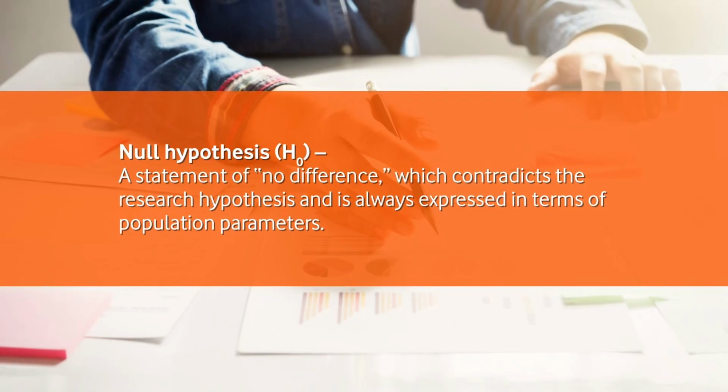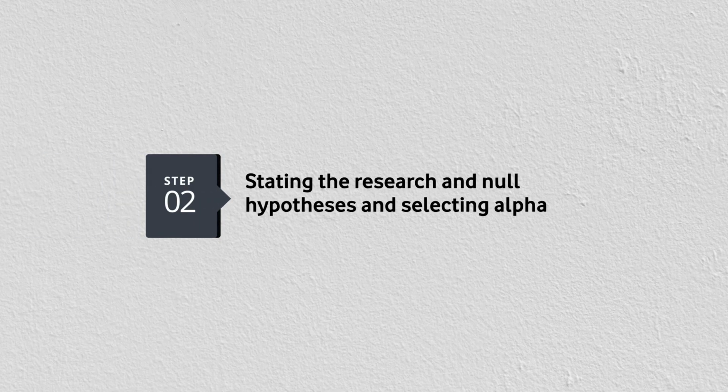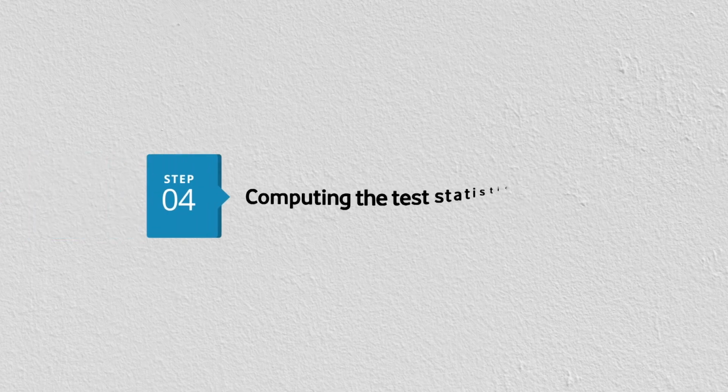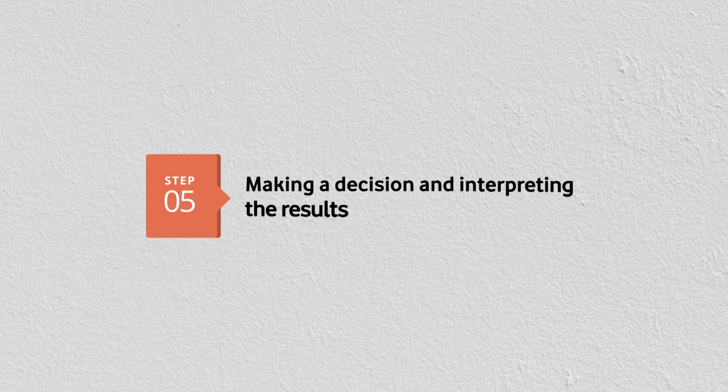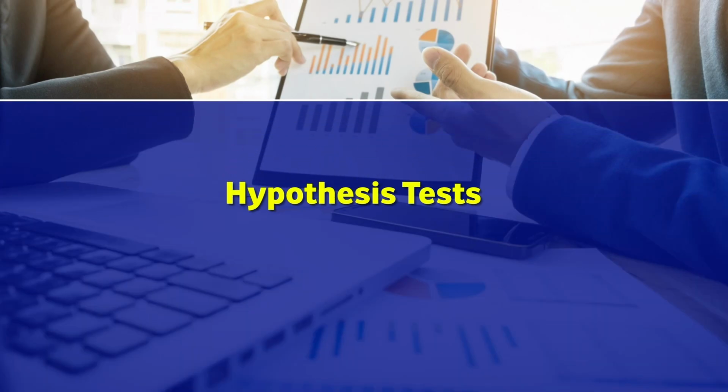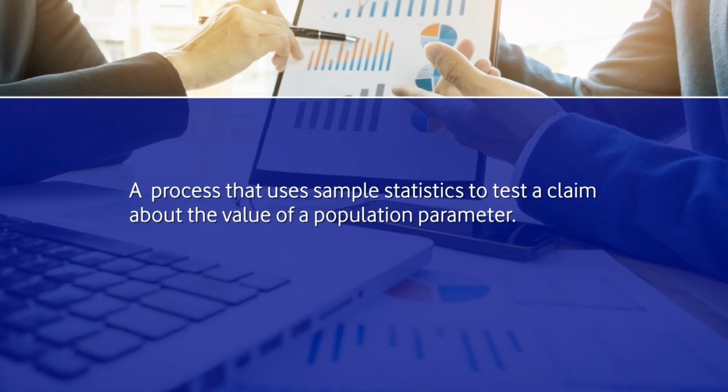So there are 5 steps to hypothesis testing: making assumptions, number 1, stating the research and null hypothesis and selecting alpha, selecting the sample distribution and specifying the test statistics, computing the test statistics, making a decision and interpreting the results.